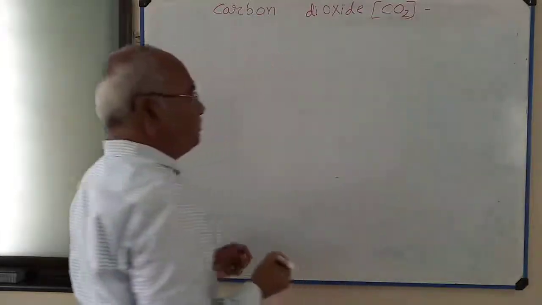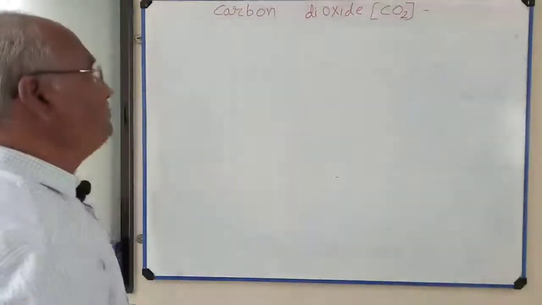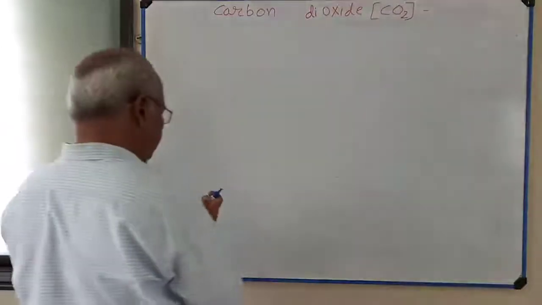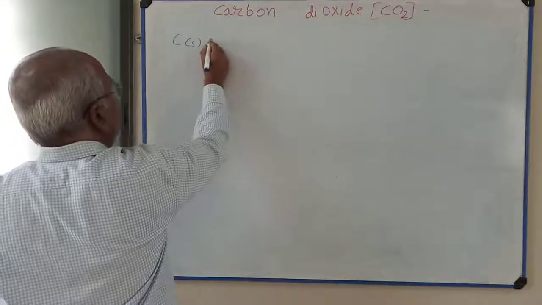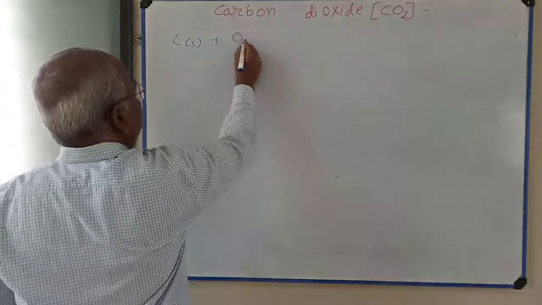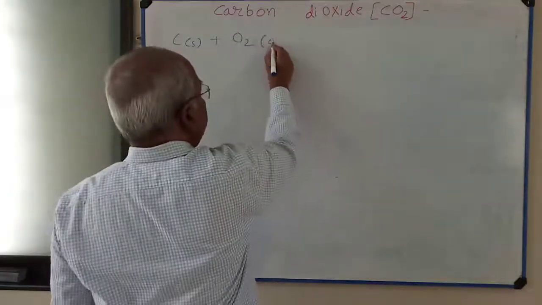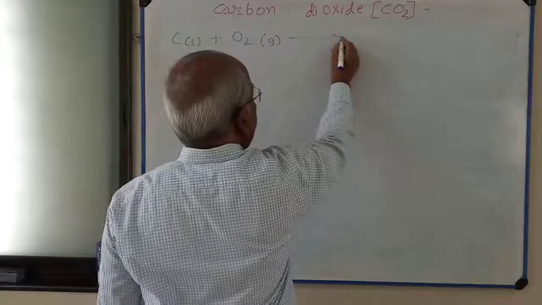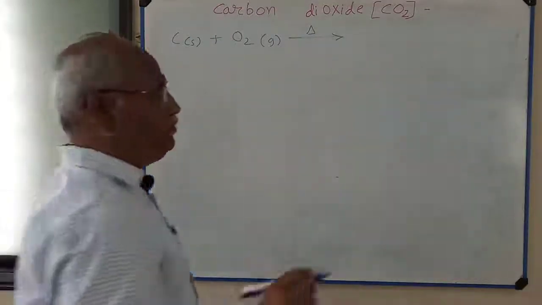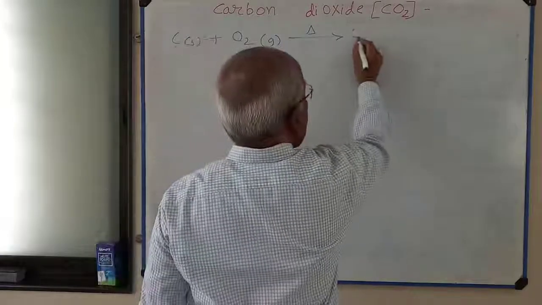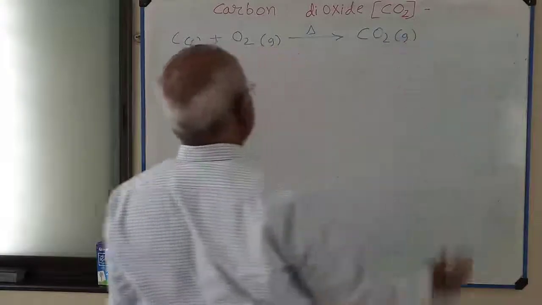Formula is CO2. The method of preparation I am going to explain. Solid carbon reacts with O2. Carbon on complete combustion, when heated strongly in air or oxygen, forms carbon dioxide gas.